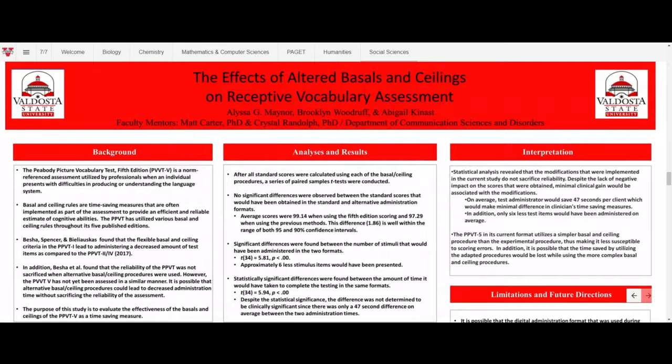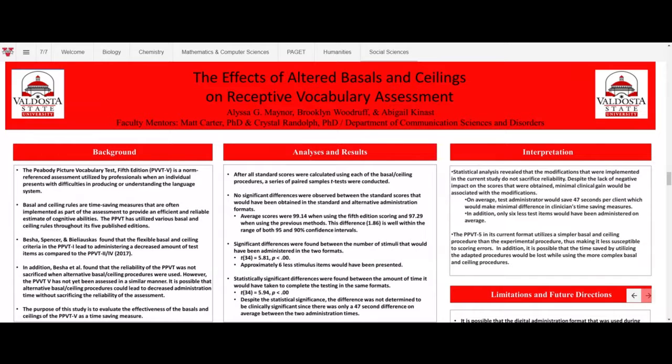Oh, no worries. Just to echo what Brooklyn had said about our poster, we wanted to take the Peabody Picture Vocabulary Test, 5th edition, and apply the 4th edition rules to the 5th edition information.